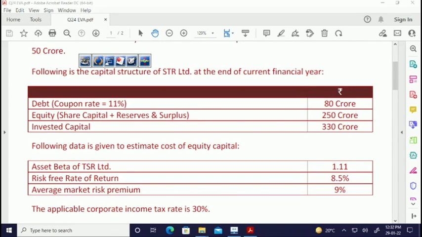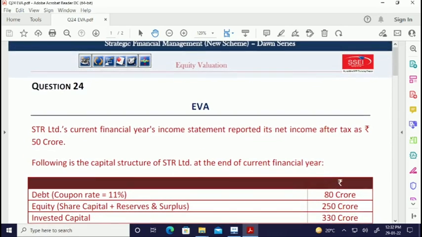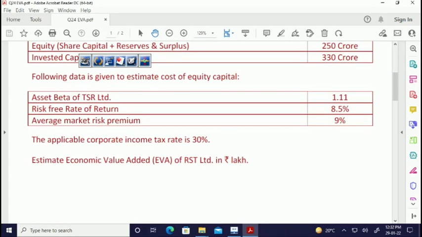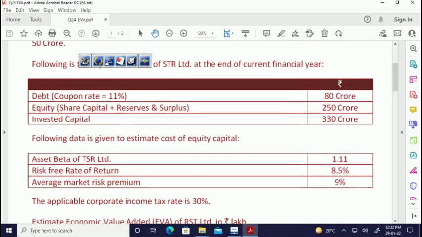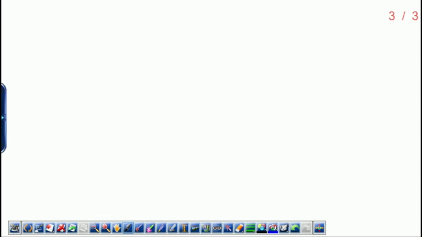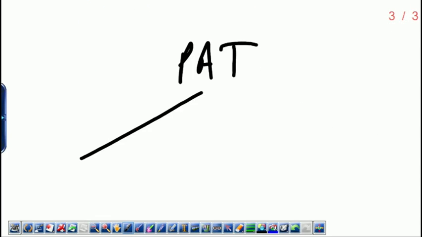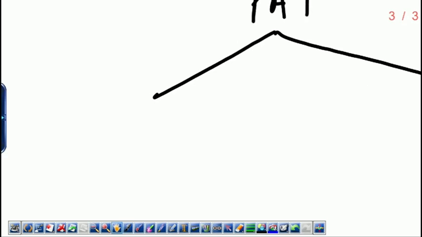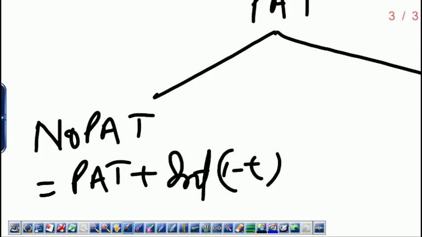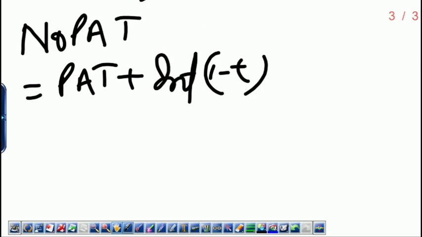So now you need NOPAT. The PAT was given. What was the PAT? PAT is 50 crores, tax rate is 30%, and interest is 11% of 80. So from PAT I can calculate NOPAT in two ways. One is by the shortcut method. Shortcut is NOPAT is equal to PAT plus interest into 1 minus T. People are not comfortable with this generally.